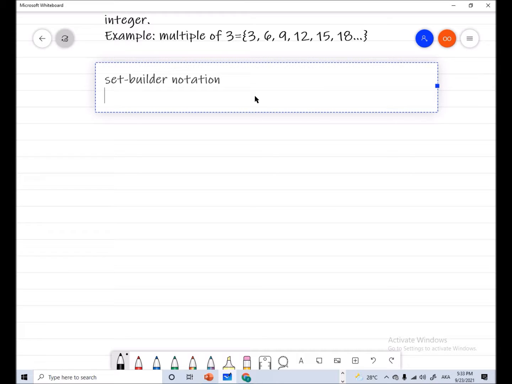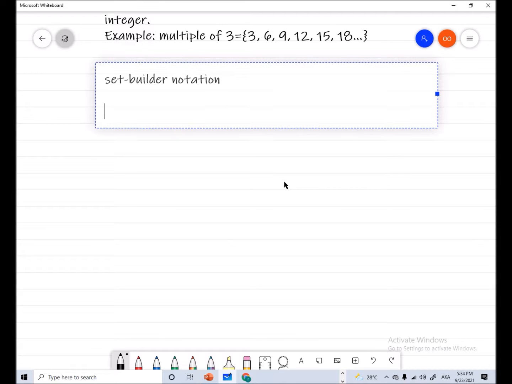For example, we can say that the set P of even numbers between 1 and 20. Let's set an example.